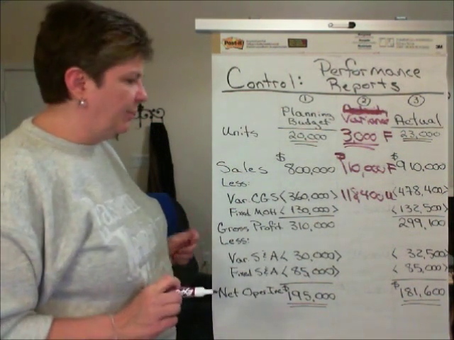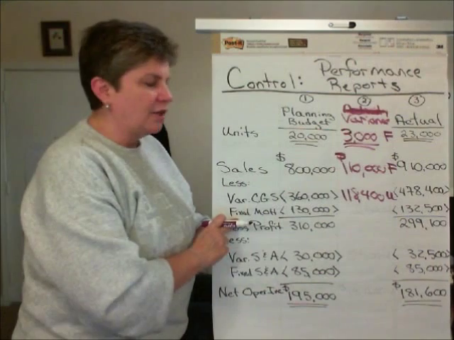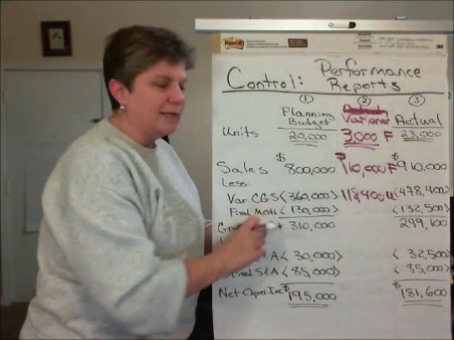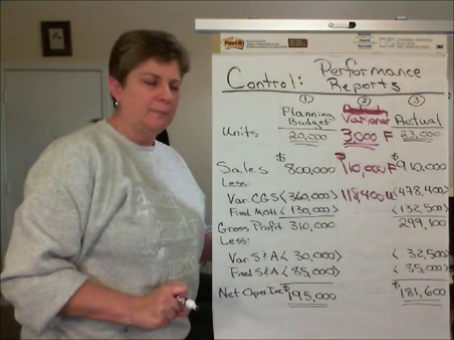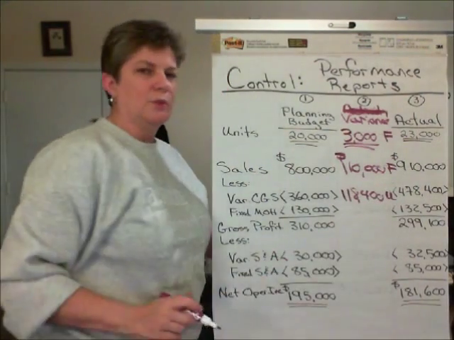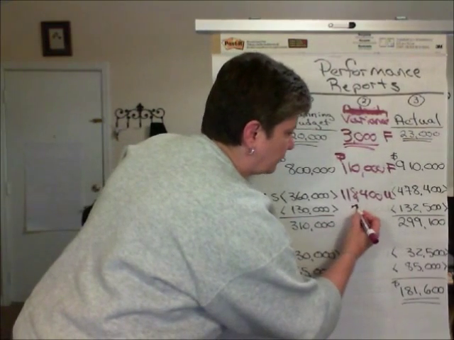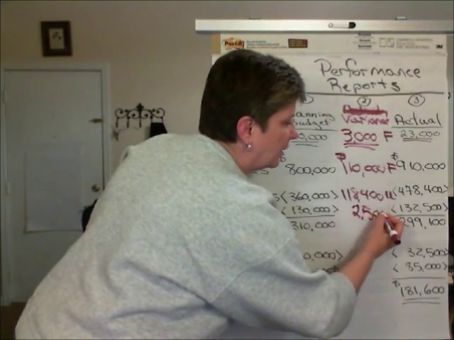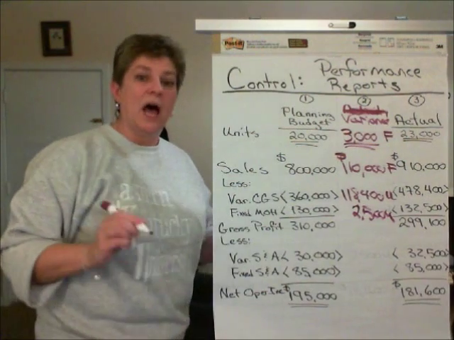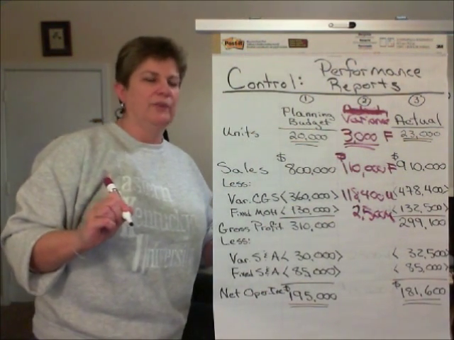All right, let's look at a couple of other things. Fixed manufacturing overhead was planned to be $130,000 and actually was $132,500. So that's a variance of $2,500. Again, an unfavorable variance.